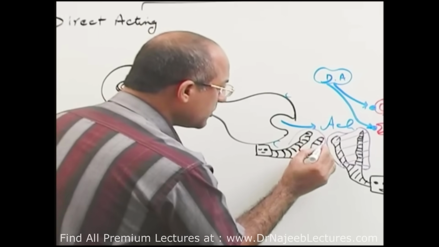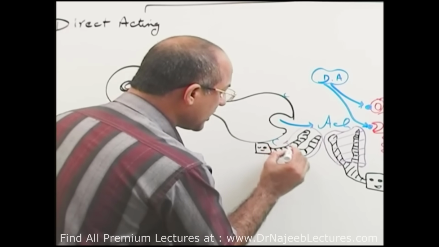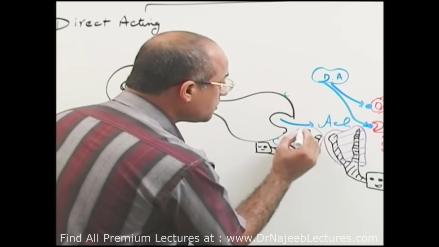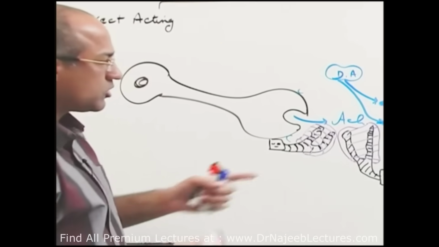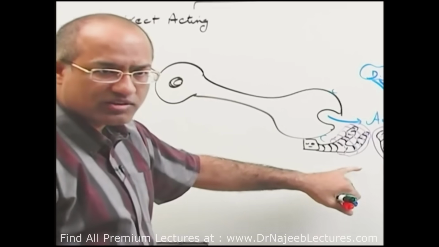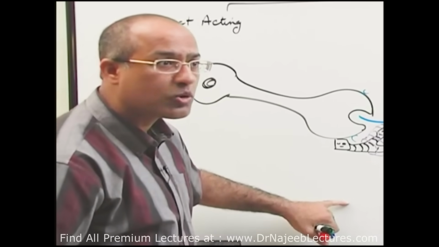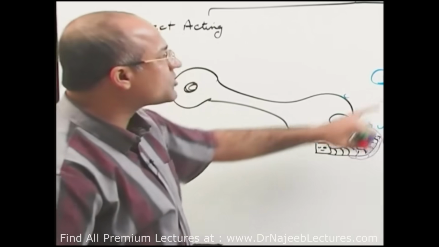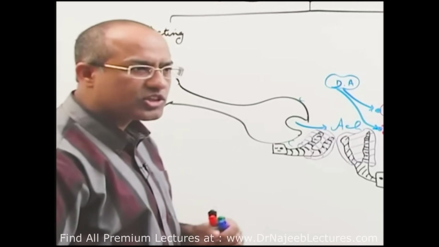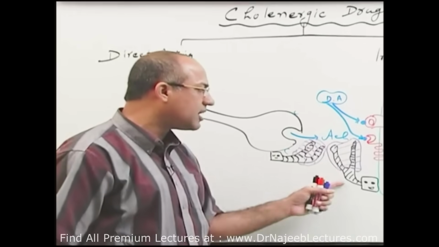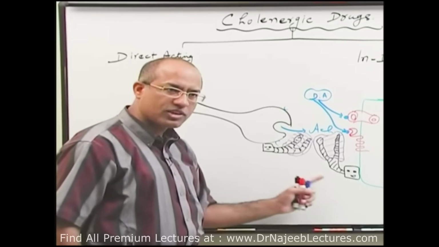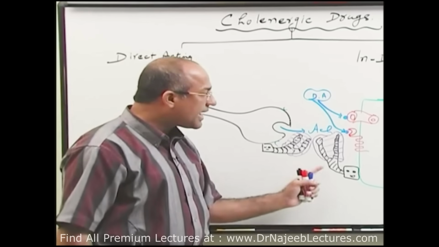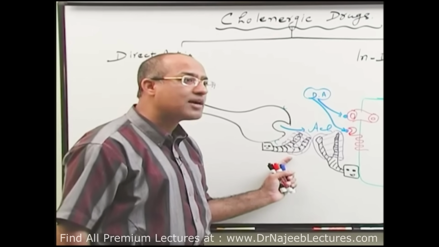Such drugs can bind with the acetylcholinesterase, or even with the butyrylcholinesterase. You know, acetylcholinesterase is at the junctions and butyrylcholinesterase is present in plasma. So most of the indirect-acting cholinergic drugs bind with the acetylcholinesterases and inhibit them.